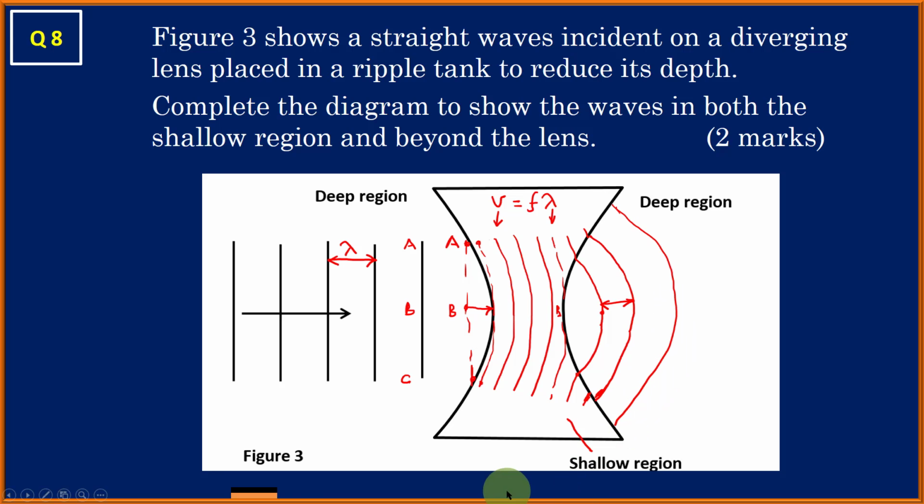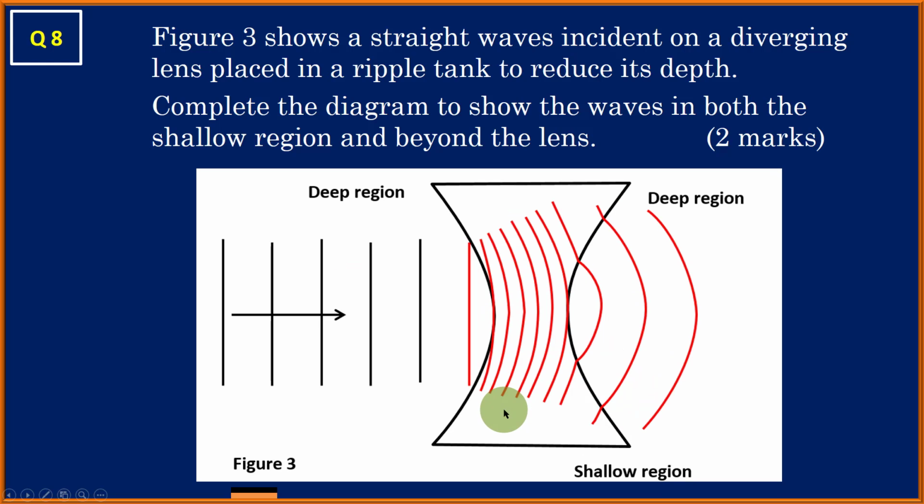So I've already drawn this one accurately for you, and here it is, and I've explained everything. One other thing, this point here does not undergo any change in direction, but this point here will bend towards the normal, and that is why there is this aspect there, like that.